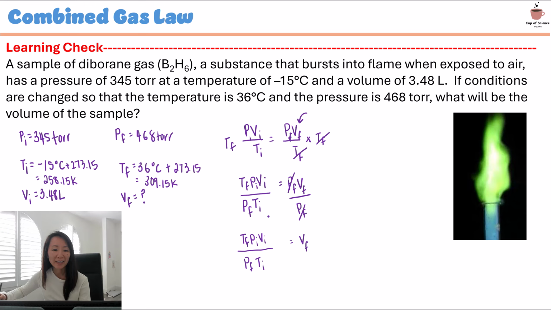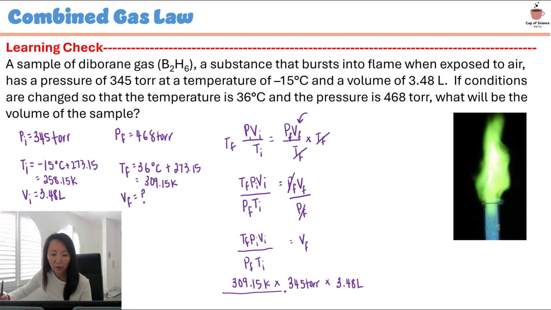So here are the Kelvins. Okay, my temperature final is 309.15 Kelvin. My pressure is 468 torr. Why didn't I change that to atm? That's because the initial pressure and the final pressure are in the same units. Oops, I meant to say 345 for the initial pressure, and my initial volume is 3.48 liters.